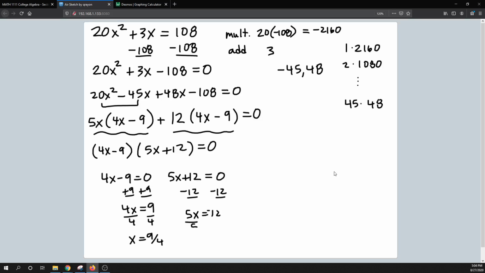And then divide both sides by 5. We get x equals -12/5. So our two answers are 9/4 and -12/5. Like so. All right, that's it for this example.